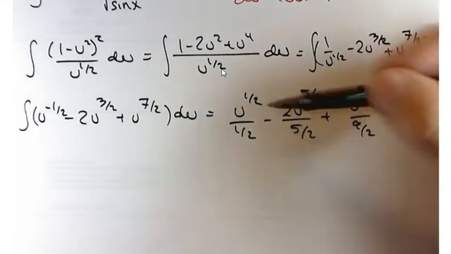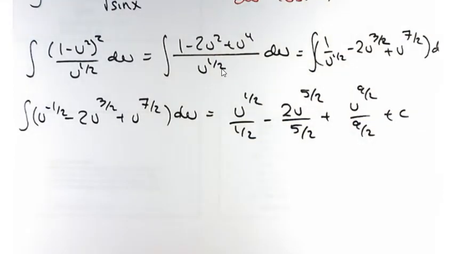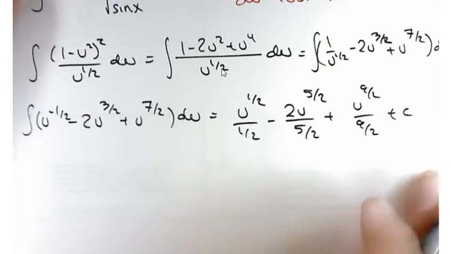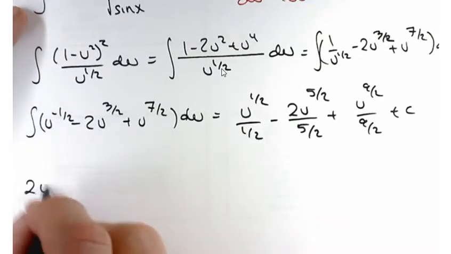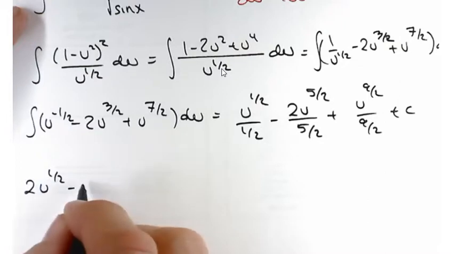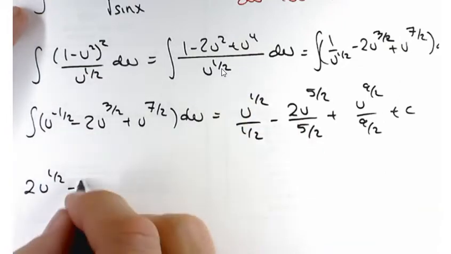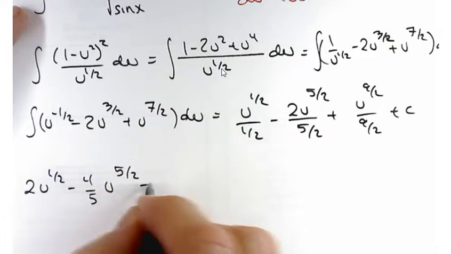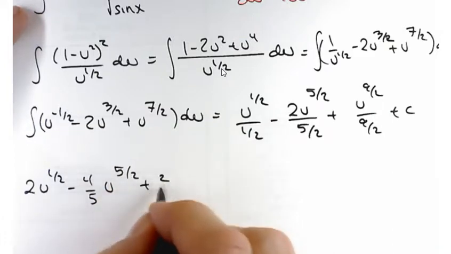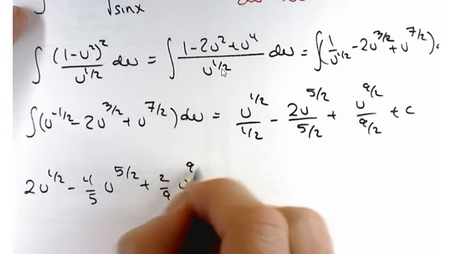We might want to clean this up here before we start playing around with more stuff. So that's going to be 2u to the 1/2 minus 4/5 u to the 5/2 plus 2/9 u to the 9/2 plus your constant.